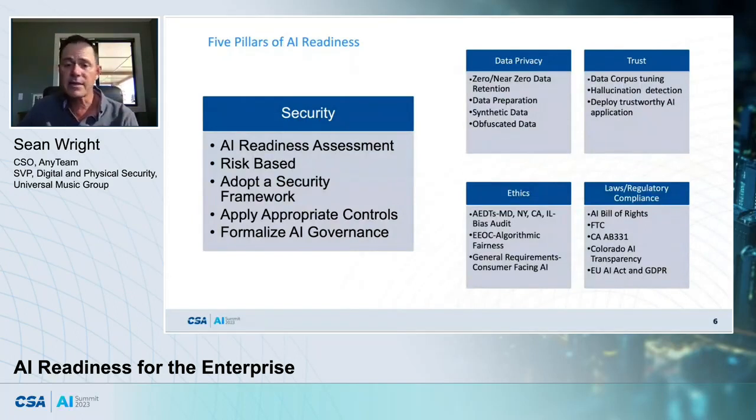Give thought to ethics. The AEDTs for Maryland, New York, California, Illinois, bias audit that they have in place, the equal opportunity, algorithmic fairness. These are things to consider for ethics, as well as general requirements for consumer-facing AI.